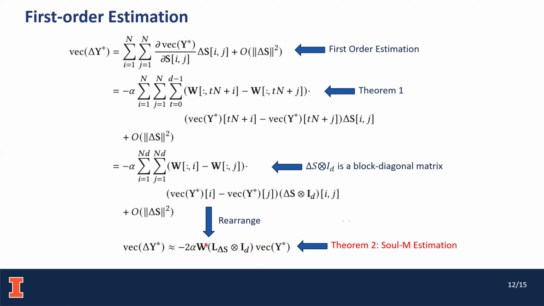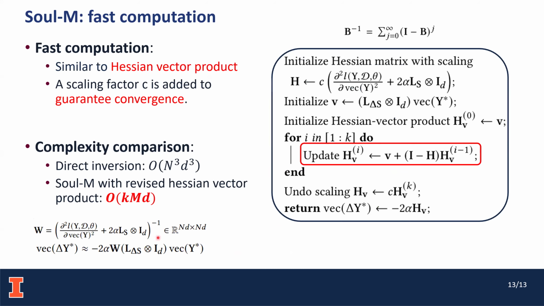So it's basically an inverse of a matrix times a vector. So if we're trying to directly derive the matrix W, which we'll refer to as the SOM matrix, it's going to take the time complexity of n cubed times d cubed, which is not acceptable.